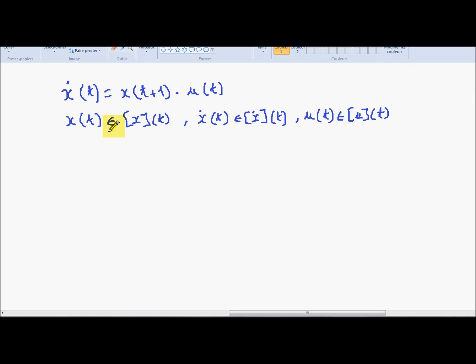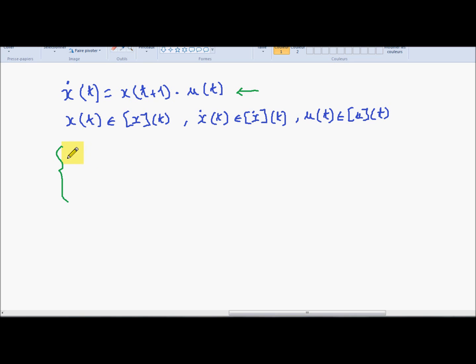So in order to build the contractor, first I will decompose into a primitive equation. This corresponds to my equation, and I want to contract all tubes for x, x dot, and u without removing a single trajectory which could satisfy this equation. So in order to decompose this equation, I will add intermediate trajectories.